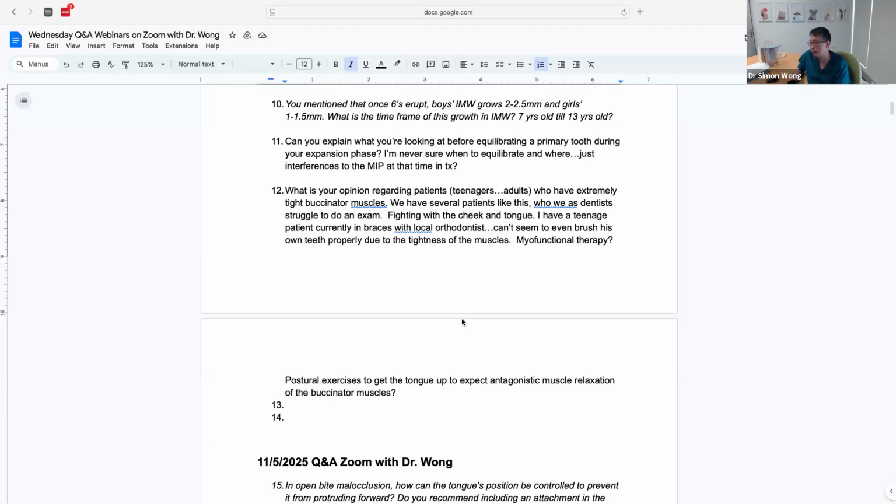And in some cases, the orthodontist will put in a lip bumper to guard against the lips coming back in. But yes, myofunctional therapy would be important to teach them to relax their lips.